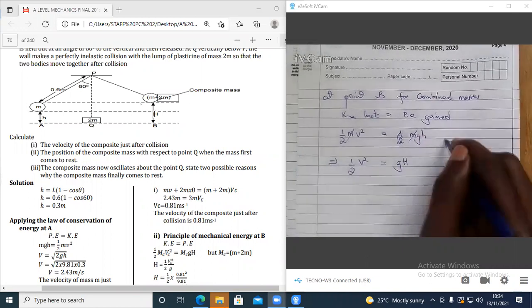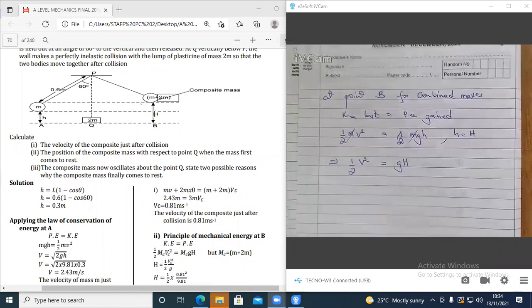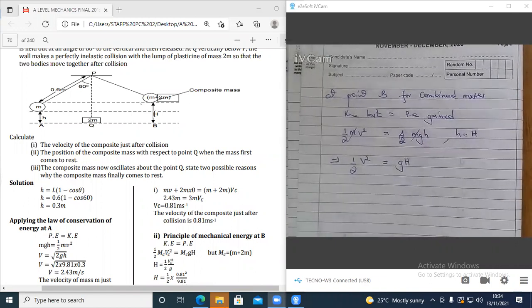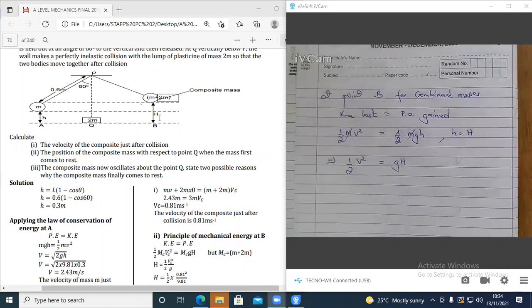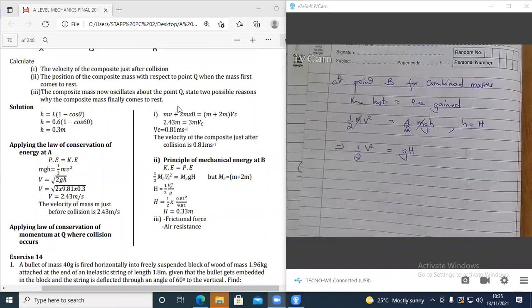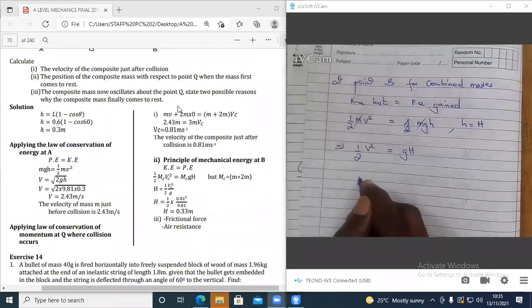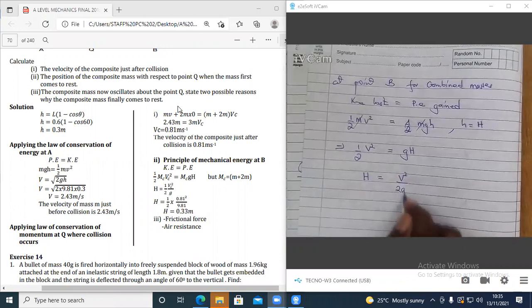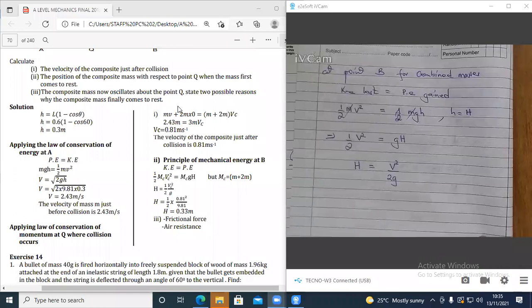Now this height h will be equal to capital H, according to what they have drawn on the diagram. So the height they want us to find is H equals v squared over 2g.